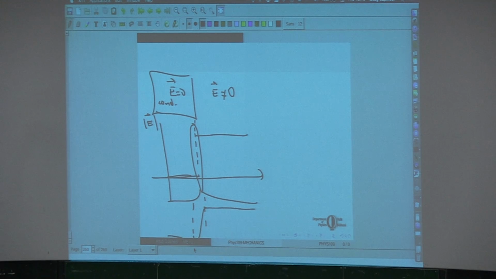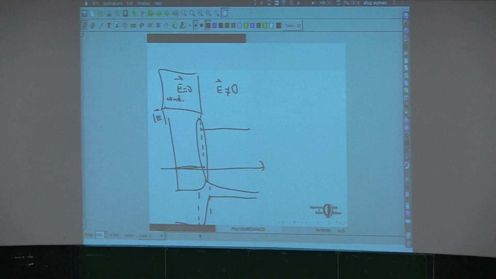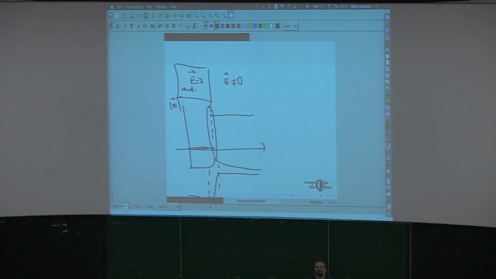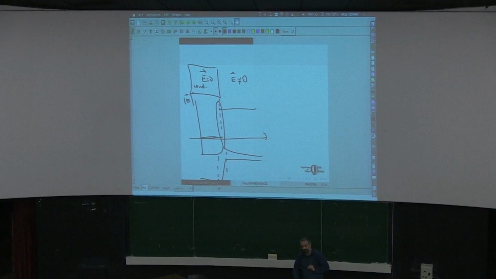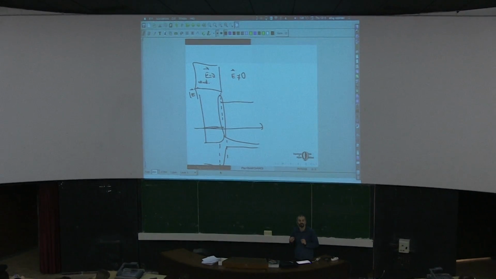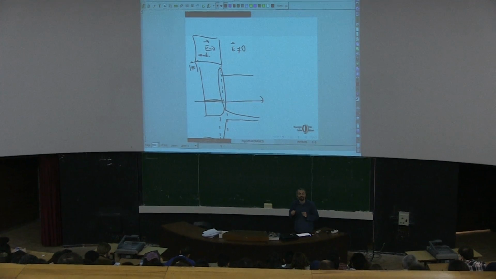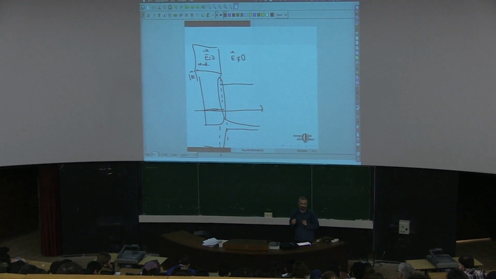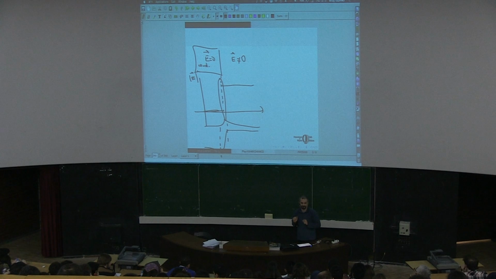In which question, for example? You see, the questions are usually phrased with a bit of attention. You will be most of the time asked about the electric field right outside the surface or just inside the surface.